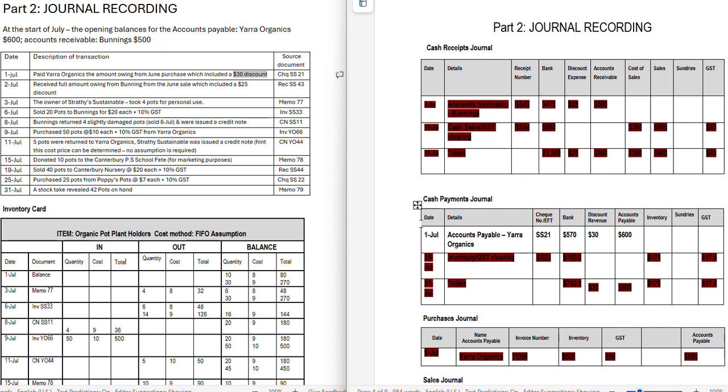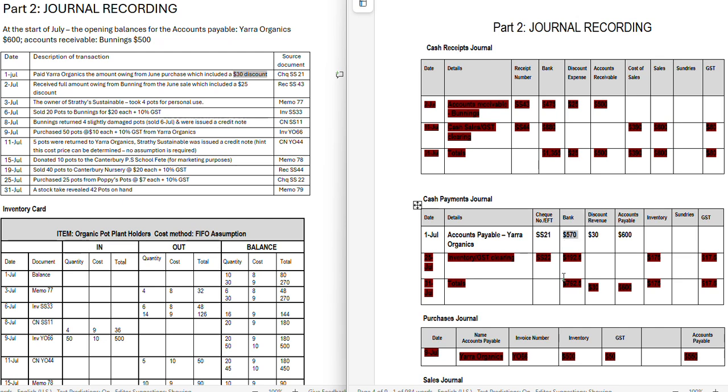So here's a tip. Start by putting the total amount owing in your payable column, 600. Then step 2, put in the discount in the discount column. And then step 3, subtract the discount from the amount owing to work out the bank amount.